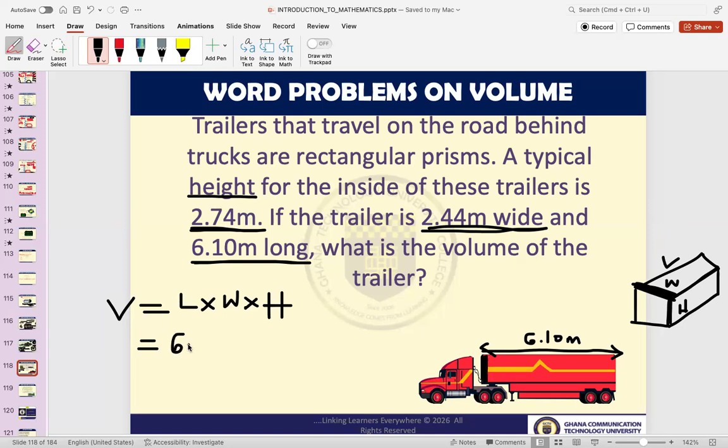I have 6.10 meters multiplied by the width, 2.44 meters, and then the height, 2.74 meters. So I want somebody to multiply these three for me. Let's see the results we have. 6.10 meters multiplied by 2.44 meters multiplied by 2.74 meters. What are you getting on your calculator?